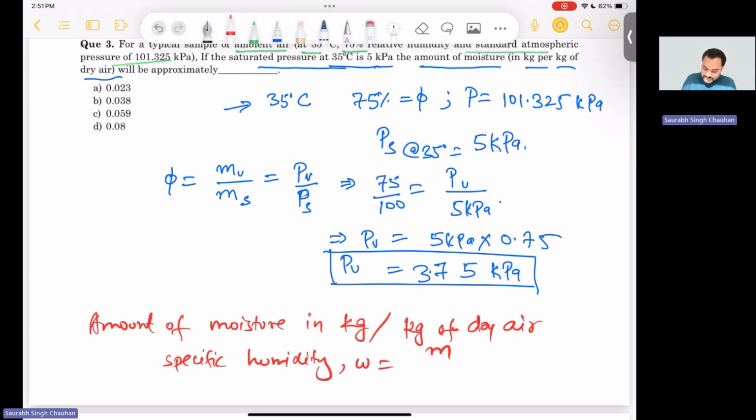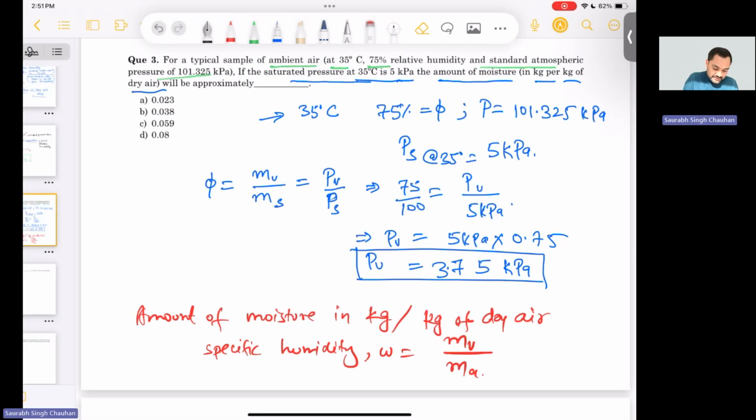This is the amount of moisture per kg of dry air, and this we have to find.